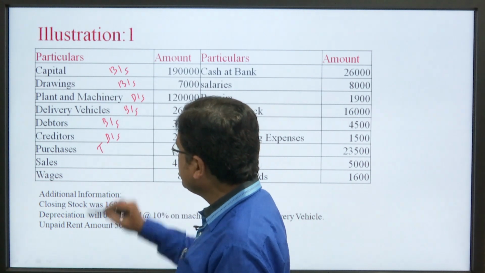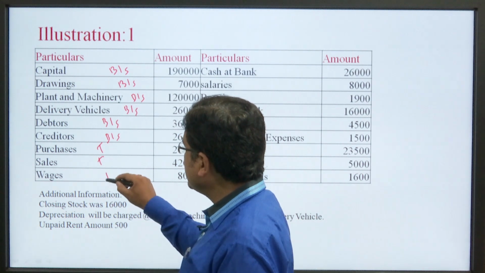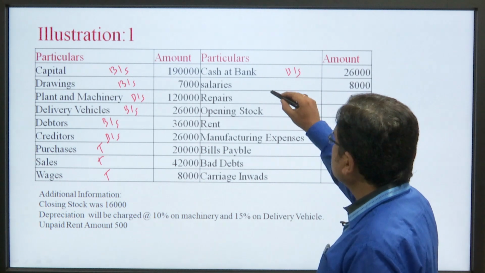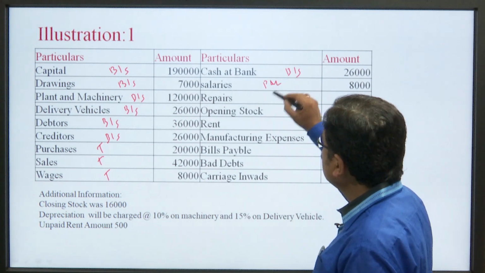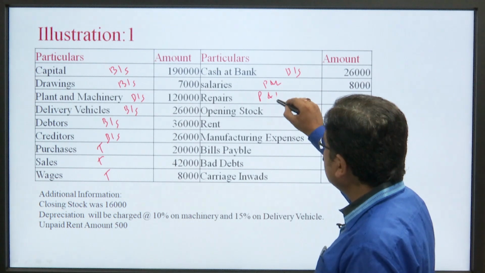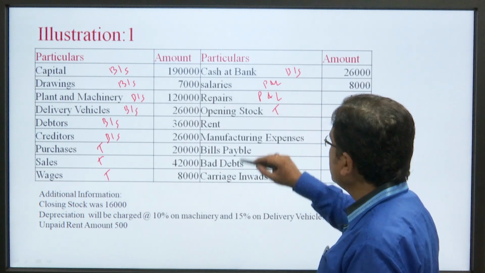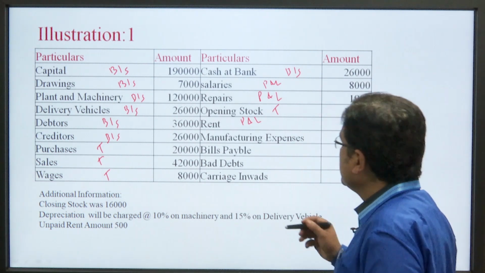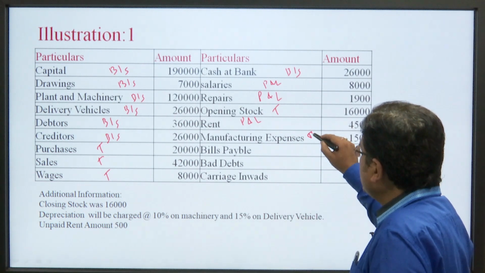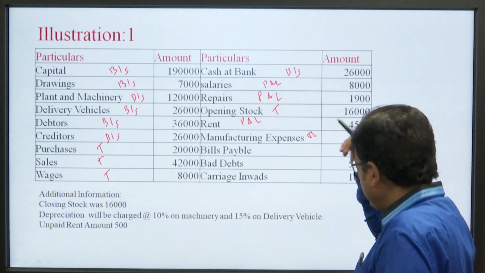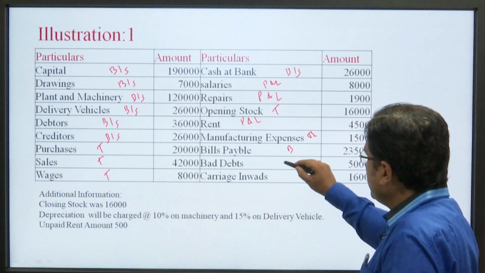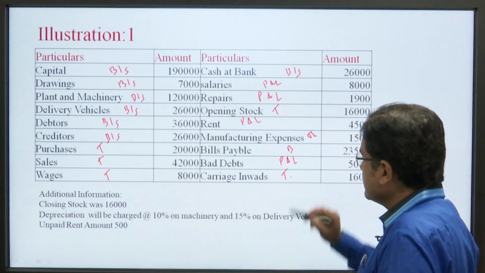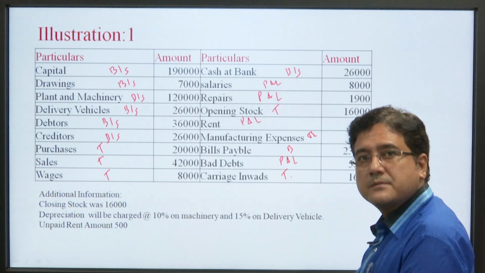Purchase, trading account; sales, trading account; wages, trading account; cash at bank, balance sheet; salary, profit and loss account; repairs, profit and loss account; opening stock, trading account; rent, profit and loss account; manufacturing expenses, part of trading account; bill payable, balance sheet; bad debt, profit and loss; carriage inward, trading. So, we classified this one.